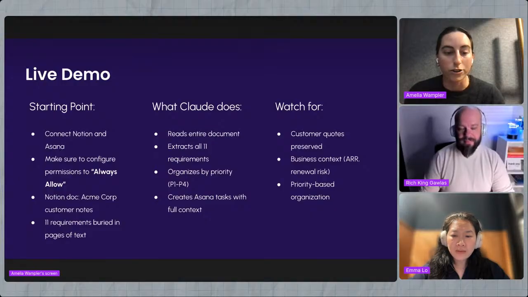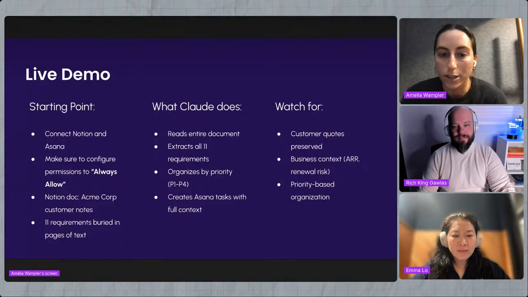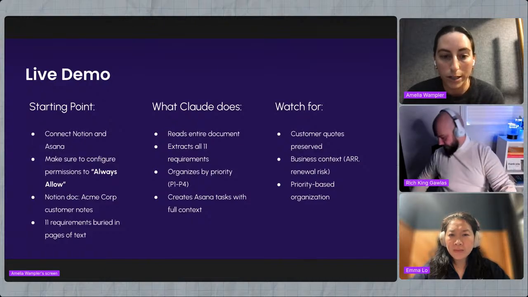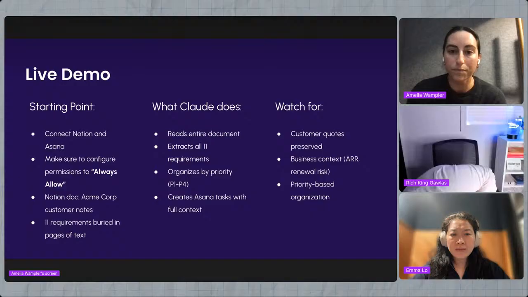And before this, I created a document in Notion that had all of my notes about the customer that I wanted to review. And what Claude is going to do is read through the entire document. It's going to extract requirements, organize by priority, and then create Asana tasks for me.